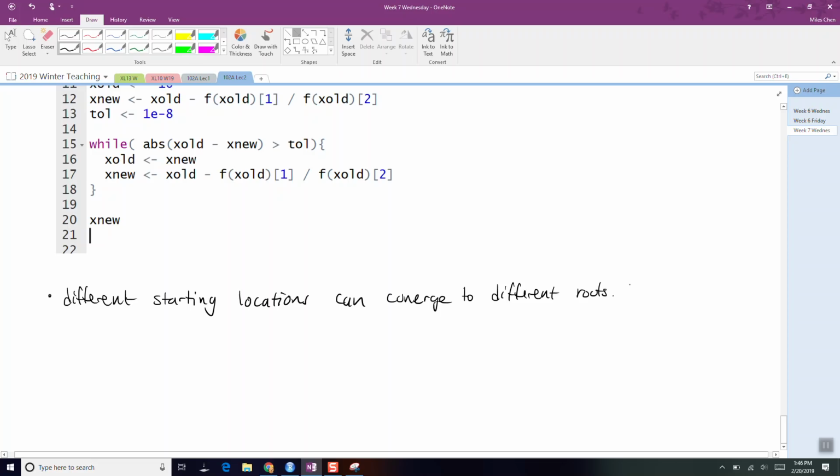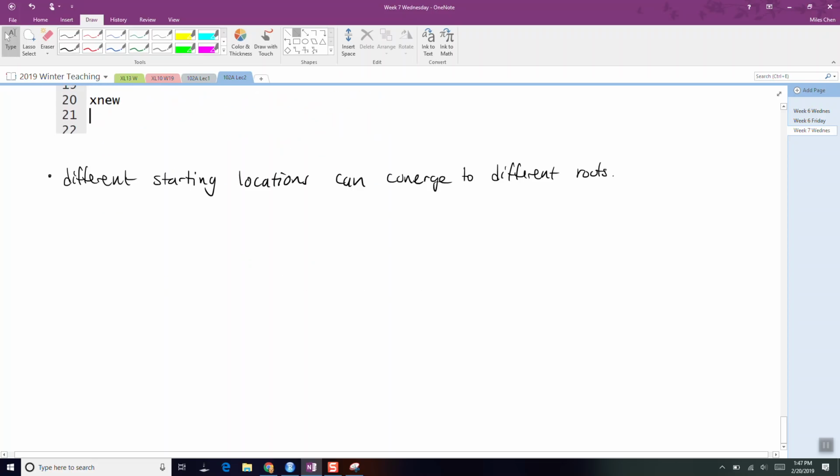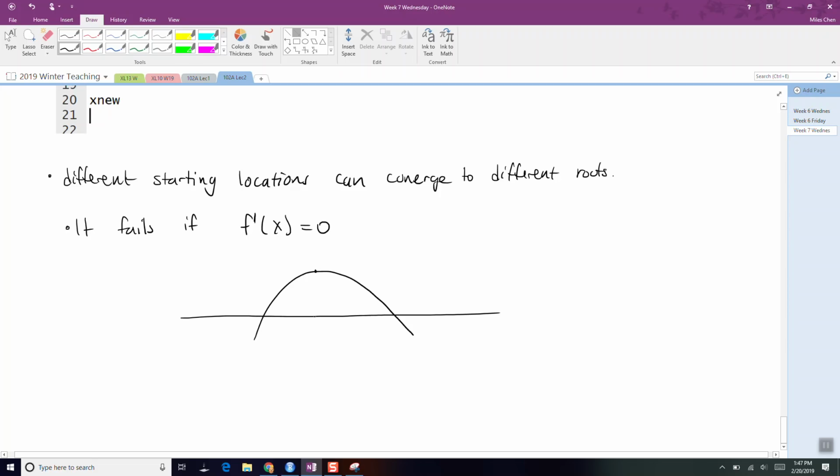Okay. Other problems. It fails if f prime of x is equal to 0, because basically if you've got something like this, if x n is at a point where the slope is 0, it's never going to cross the x-axis, right?